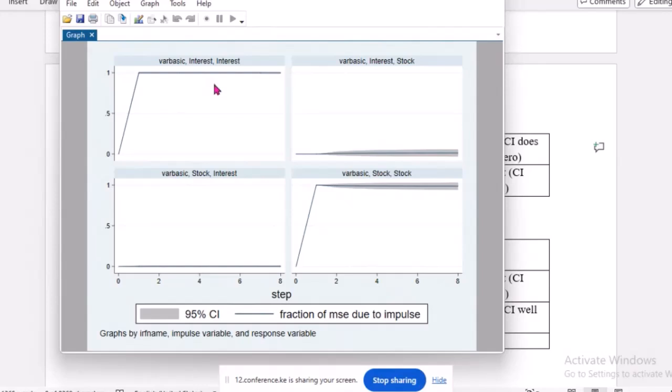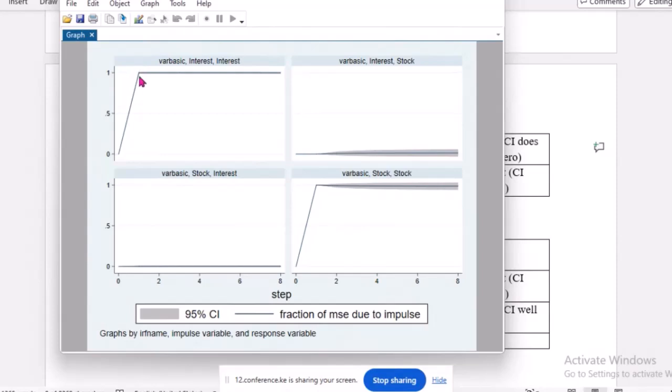So if we shock interest rate, how much forecast error is displayed? You can see if we shock the interest rate, the forecast error of itself shoots from 0 to 1.